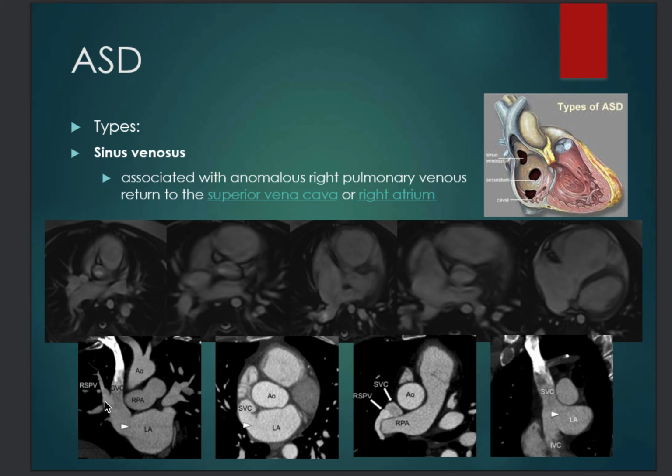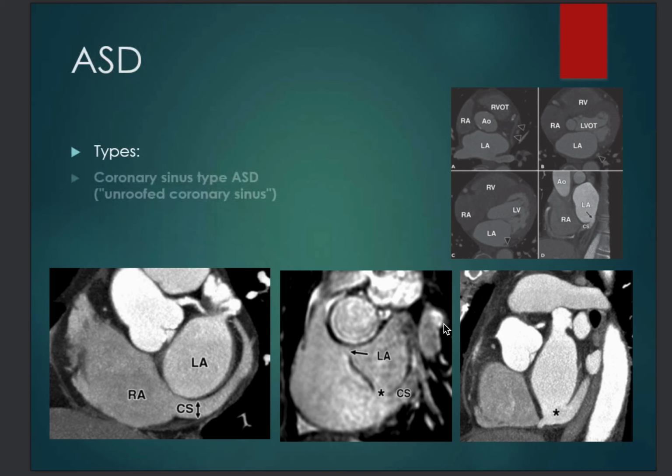It's important to state the distance of this partial anomalous return to the atrial level. In addition, of course, to the hemodynamic study, whether there is a shunt right to left, whether there are any other associated congenital anomalies, whether there is pulmonary hypertension, those are very relevant and very important to comment on during reporting.